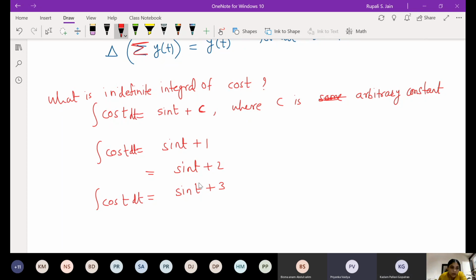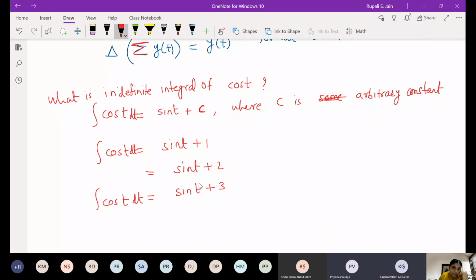How am I getting this? If I operate the differential operator on the RHS, I am getting cos t, right? What is d by dt of sin t plus 1? It is cos t. d by dt of a constant is 0, right?